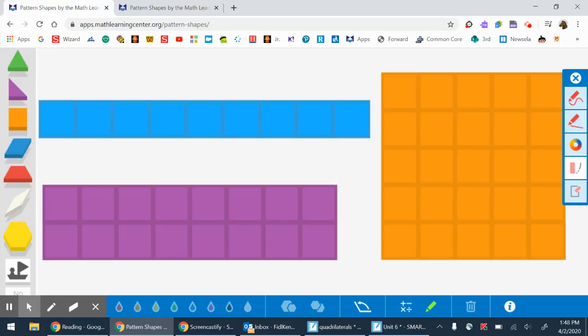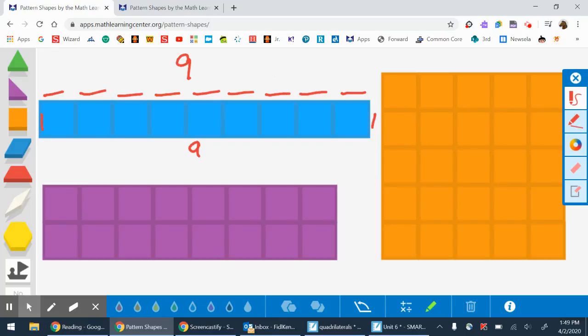Okay, so if we look at this blue array that I came up with, if I count the sides, I have 1, 2, 3, 4, 5, 6, 7, 8, 9 people can sit on this side. So if 9 can sit on the top part, that means that 9 can also sit down here. And then 1 person can sit on this end, and 1 person can sit on this end.